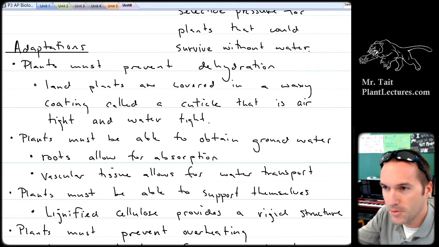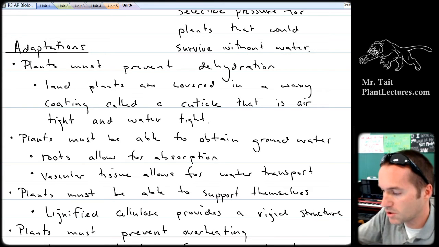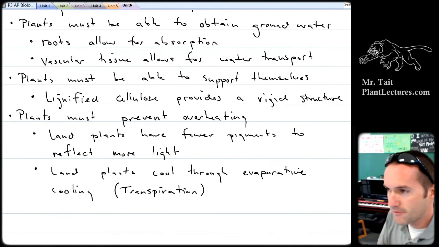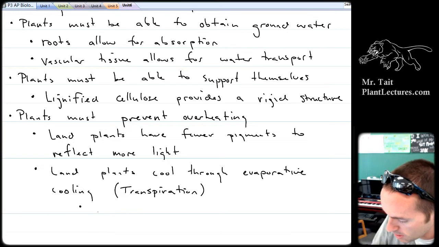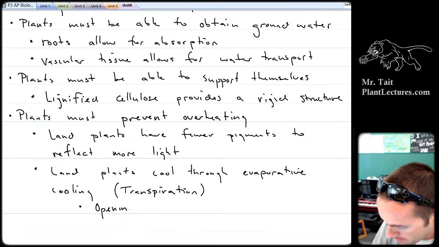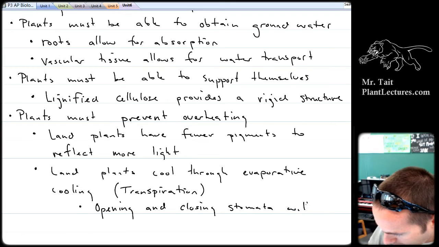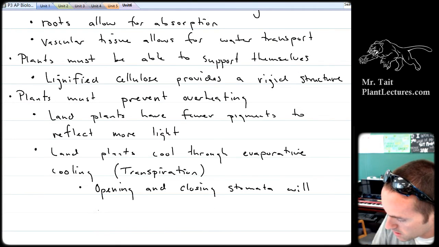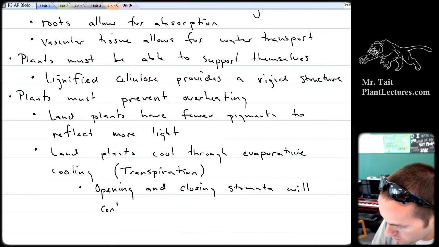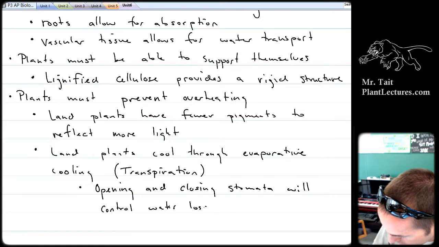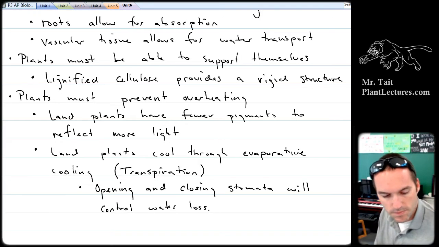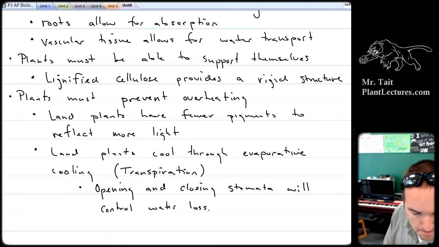And so as they open the stomata, that allows for evaporation to occur, and as they close them, that prevents further evaporation, right? So we can say that opening and closing stomata will control water loss. Also helps with gas exchange, we know that.